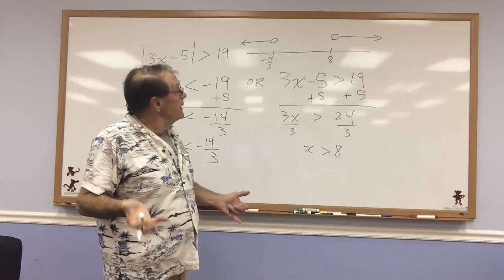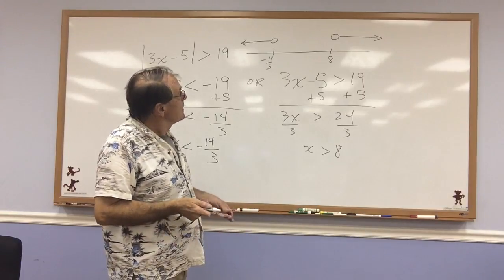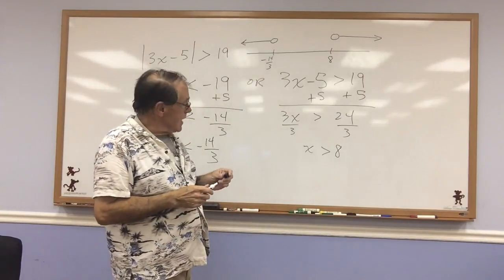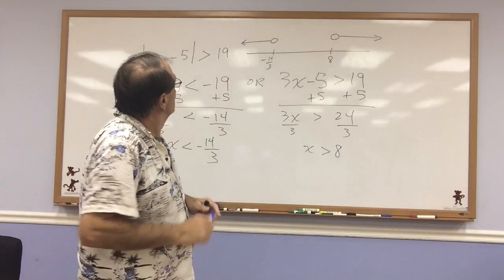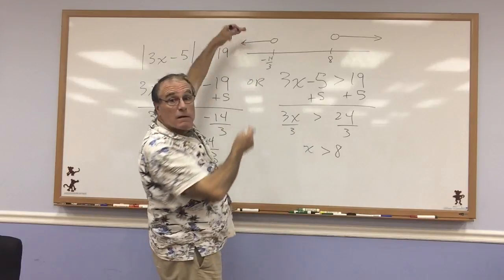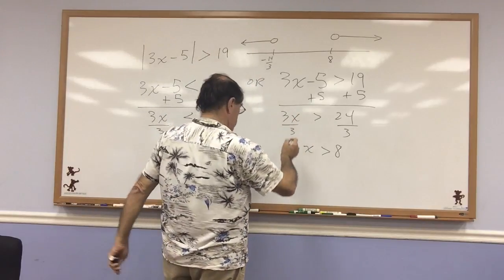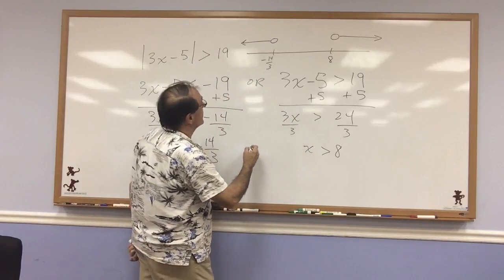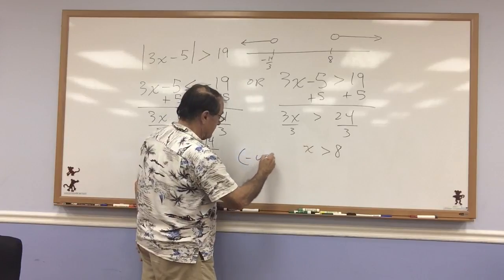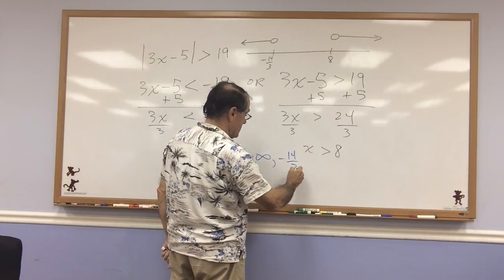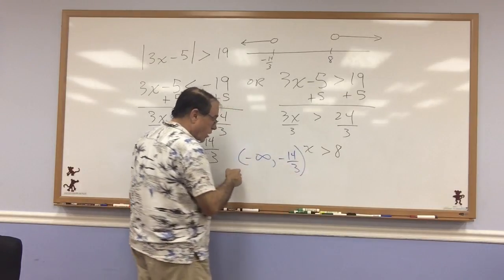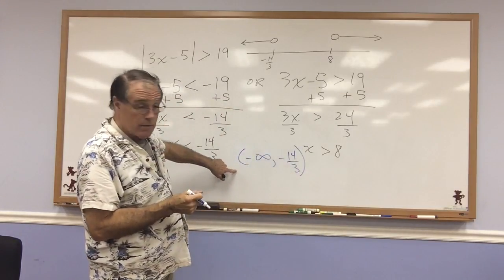And finally, interval notation. The line describes the interval notation. Here it is. So the interval will be, from negative infinity, we come up to negative 14 thirds. Notice you always have a parenthesis with negative infinity.